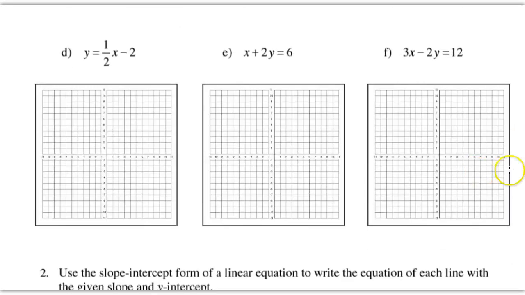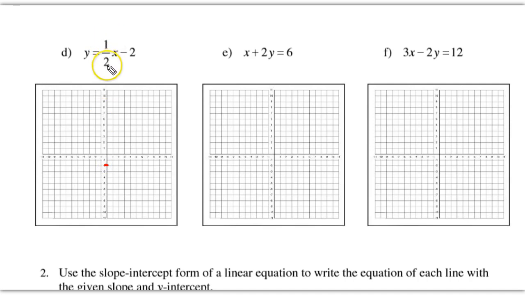I'm going to plot these now using the same technique. So these are in slope-intercept. Now, when it gets to standard form, we have to modify what we're doing a little bit. Let's do this one. Negative 2, right there. Now it's a positive slope.